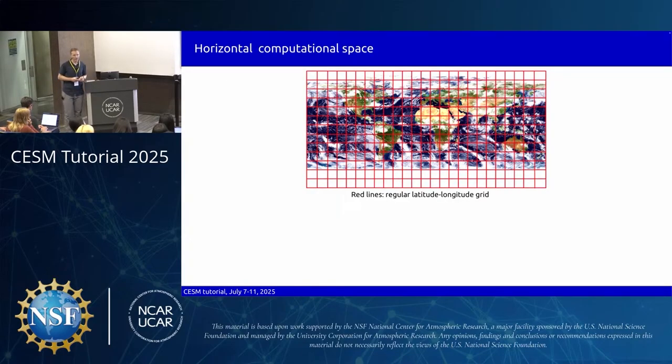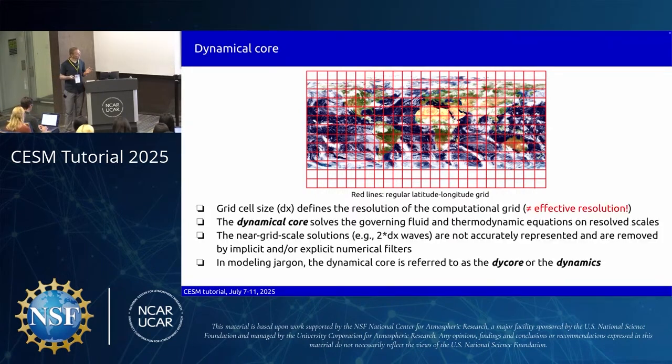You can do that in many ways. For the sake of simplicity, I've just shown you a latitude, longitude grid right here. After we've defined our grid, that immediately defines the grid scale of the model. So typically for a large-scale model run for centuries, the grid cell size is about 100 kilometers.